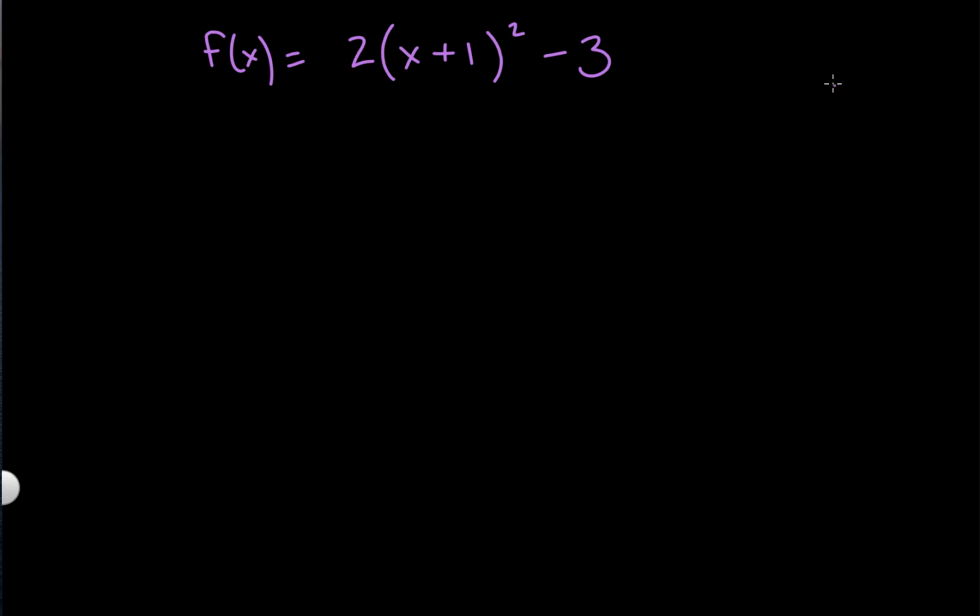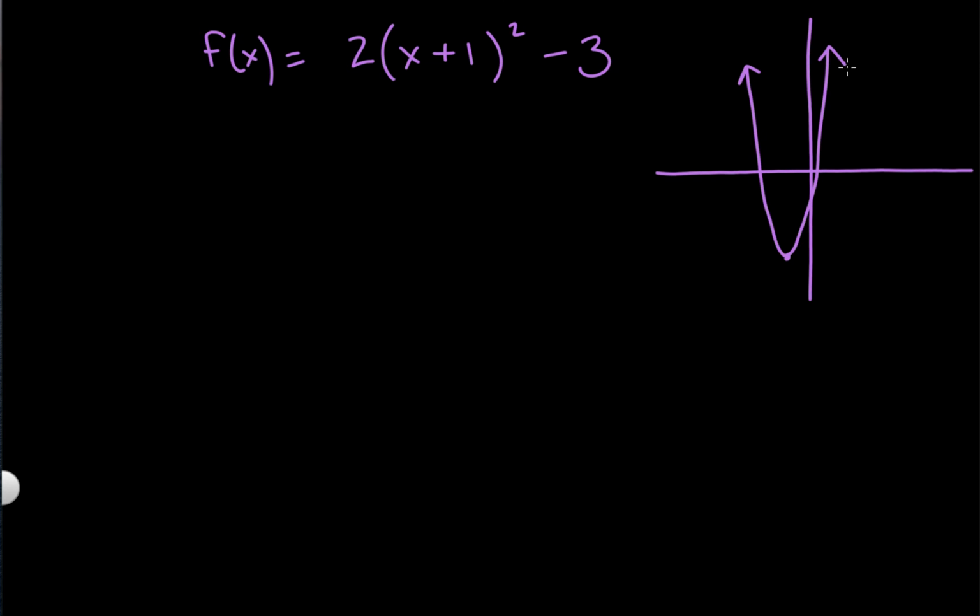So thinking about this problem here, I've got a parabola with vertex at -1, -3. It's going up faster than a regular one because it's being stretched by 2 vertically. Now, when I reflect this across the y equals x line, I will have -3, -1, something like this.